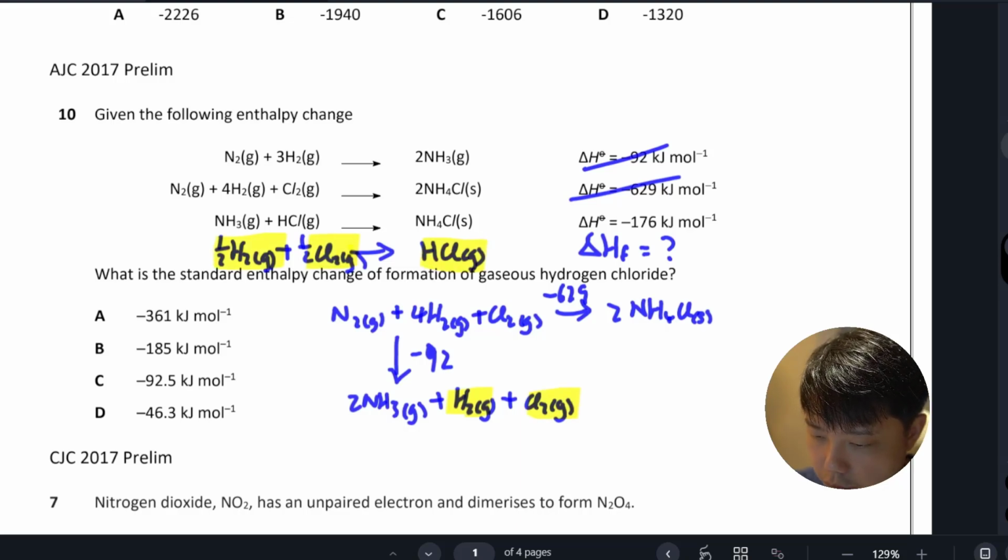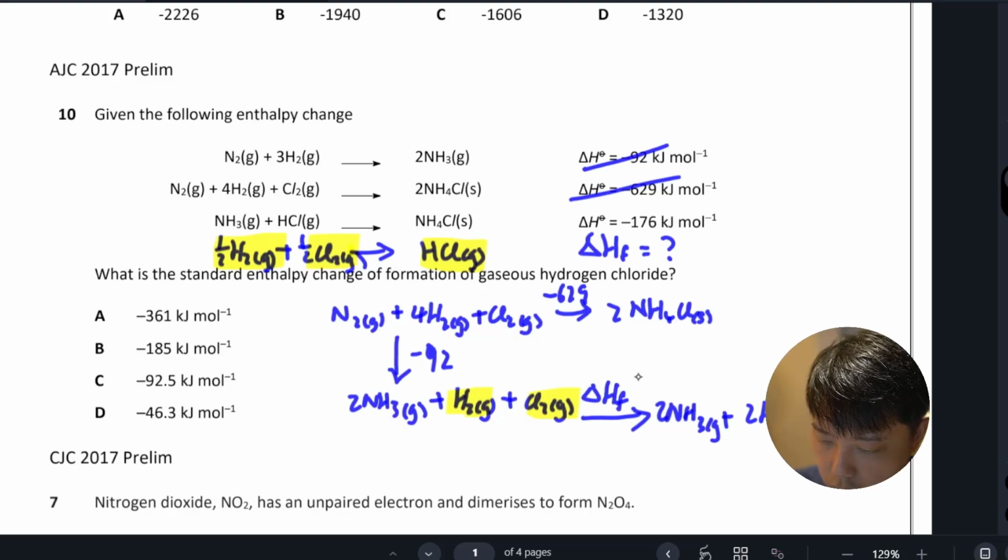Since we have 2 of them, we need to multiply by 2, yeah? So the ammonia will just bring it over plus 2 HCl gas. Okay, so this will be delta H formation 2 times of HCl.